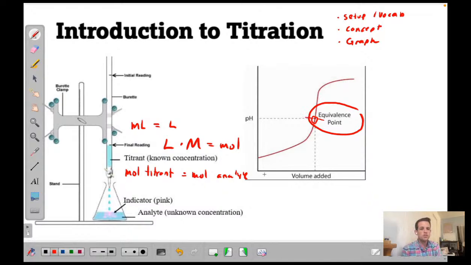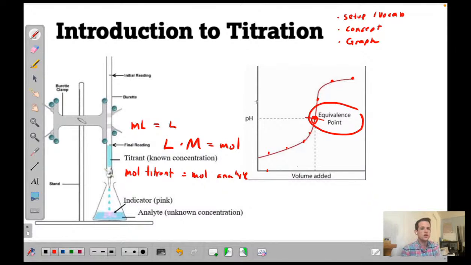So in a titration curve, you take data points of how much volume you added and what the pH was at these different points, and you find the equivalence point. For a strong acid, strong base titration, the equivalence point is going to be at 7, but we're going to see later that for other kinds of titrations it's not, and you continue to plot these points.